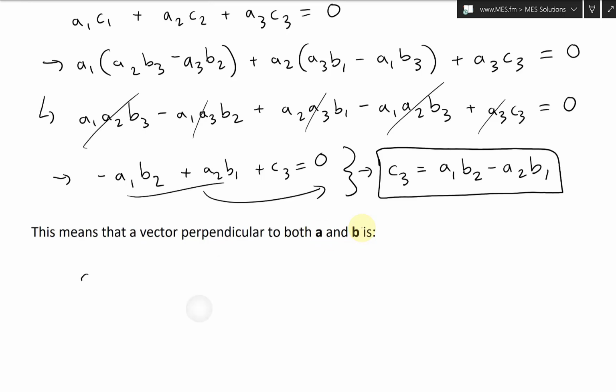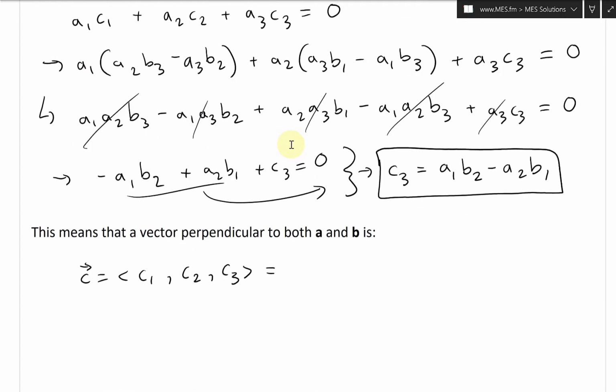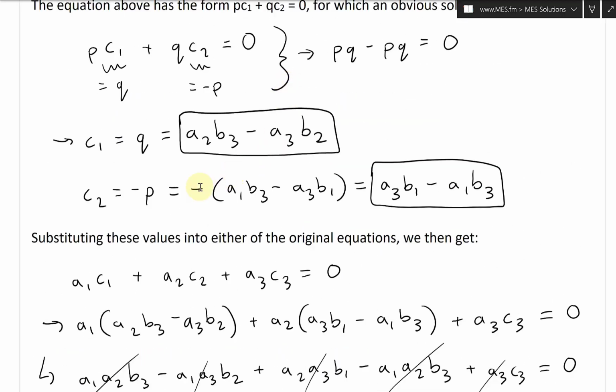All right, so this means that a vector perpendicular to both A and B is our C vector. Write these in terms of the triangle brackets, C1, C2, and C3, and we know each one of these terms. C1 is equal to A2, B3 minus A3, B2. And then the next one's going to be, well, this minus sign there kind of flips the order around.